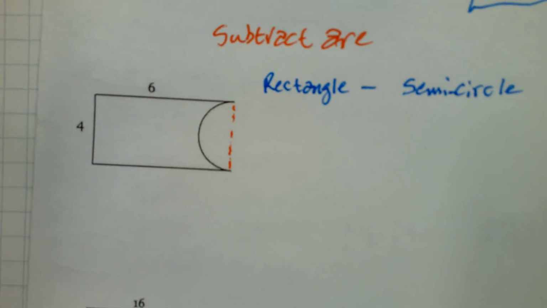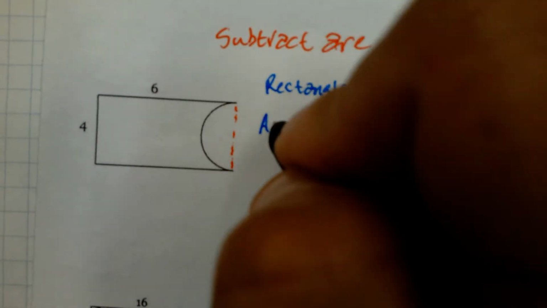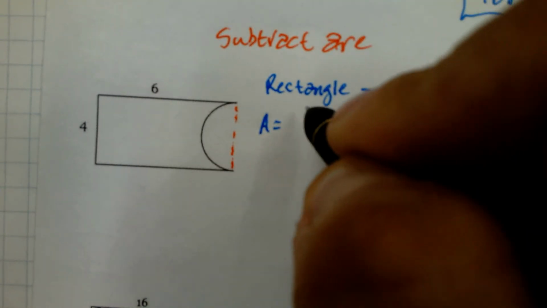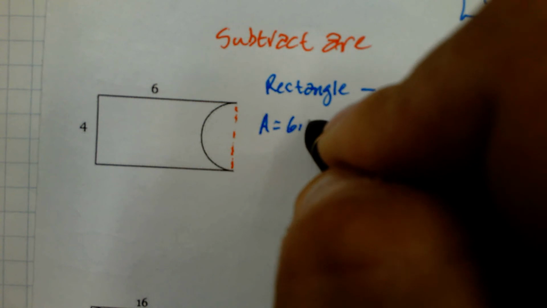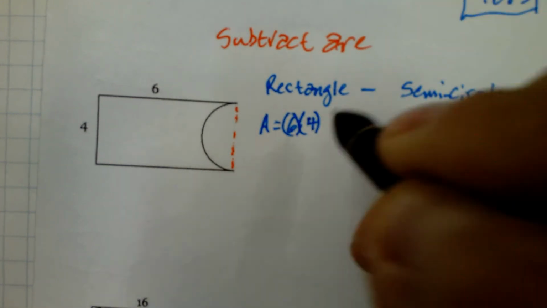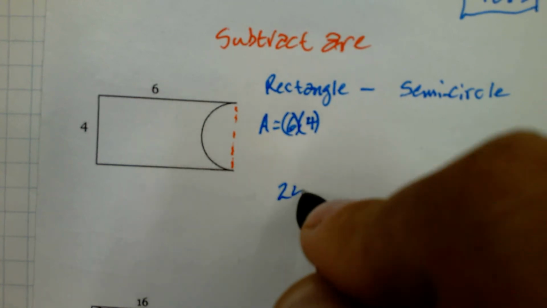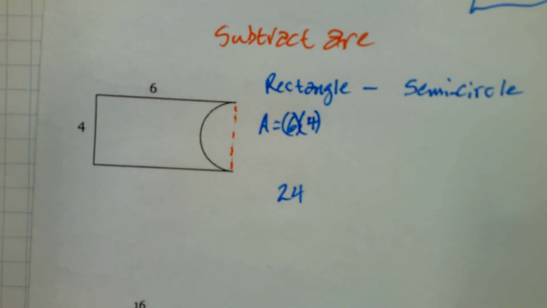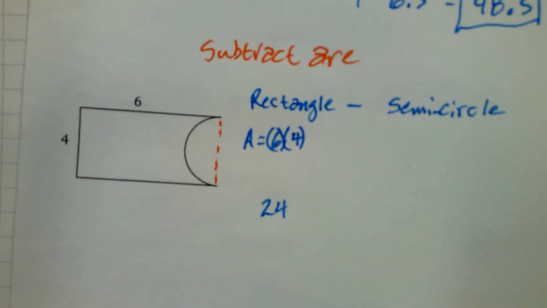Okay. So the area of the rectangle is fairly easy. 6 times 4. So that's going to be 24. And to that, we're going to subtract the area of a semicircle.